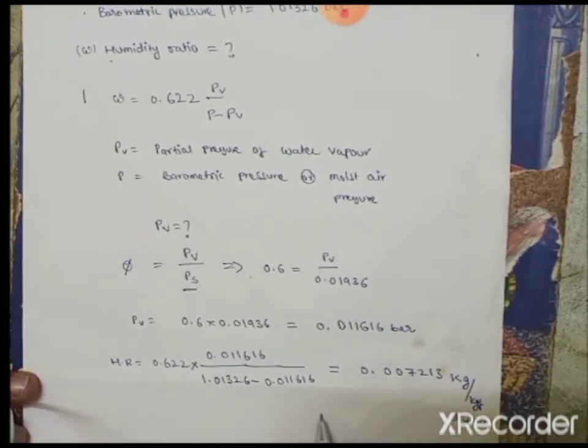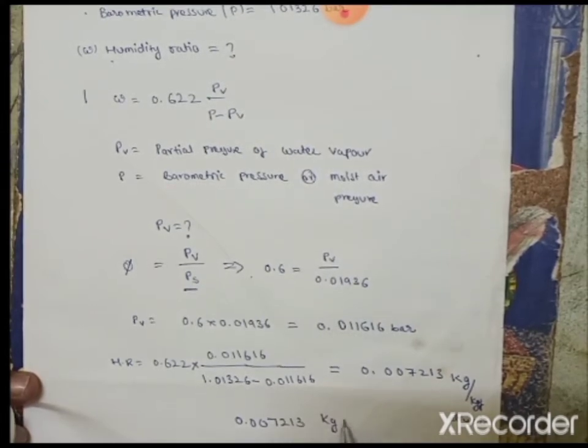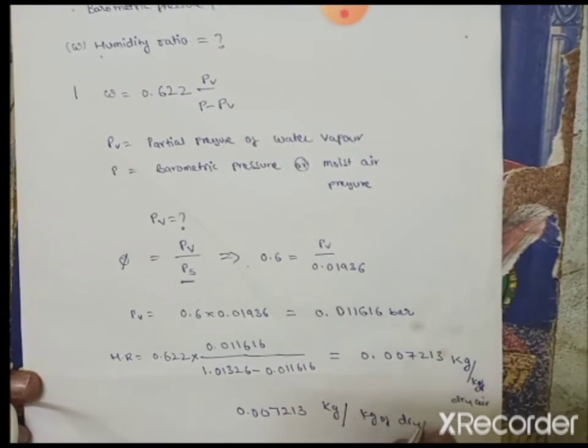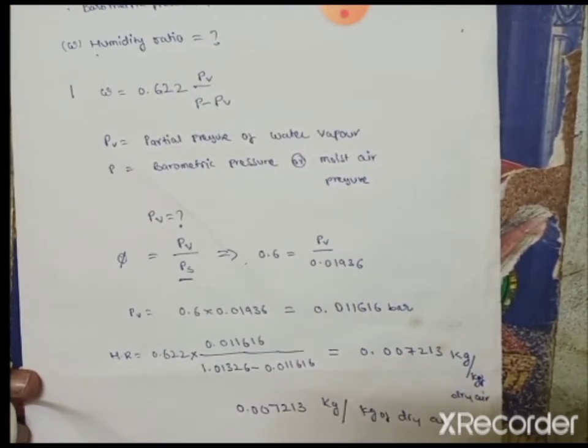Once again, 0.007213 kg per kg of dry air.